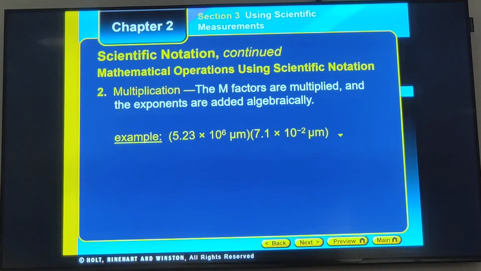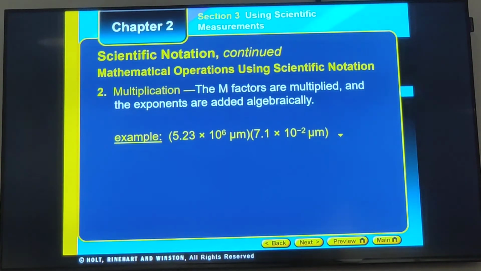Now, here is one thing, that depending on what calculator you have, if you have an older calculator, then entering a number like 5.23 times 10 to the 6th, what you're going to want to do is type in 5.23, and then in place of times 10, because this is where you get into issues, use the button that you have on your calculator.